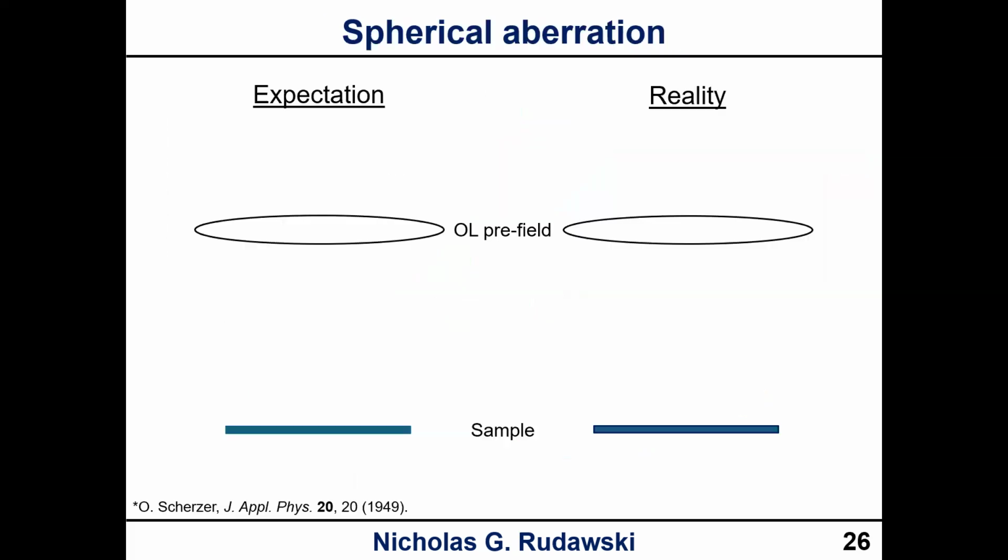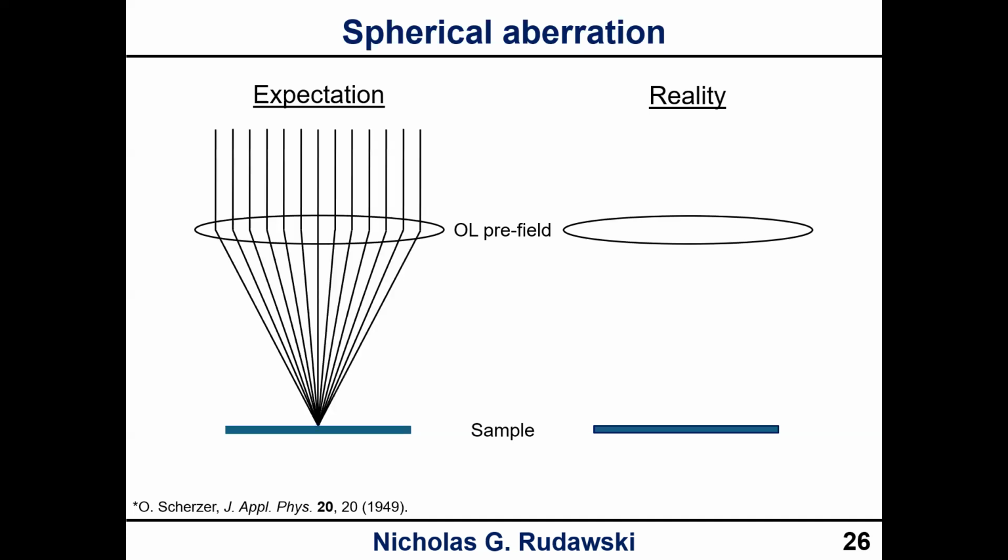Okay, so then the question about spherical aberration, well, just to review this here. So now we're talking about the illumination system of the microscope, okay? So the expectation in this case, okay, if we have a perfectly working objective lens pre-field, right, is all my rays come in and my pre-field focuses them all to the same point on the sample, okay?